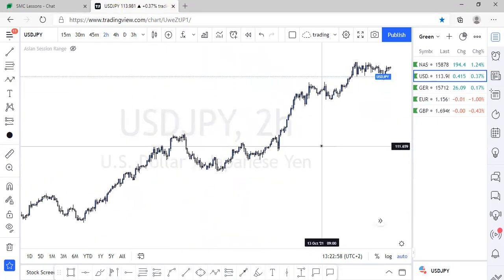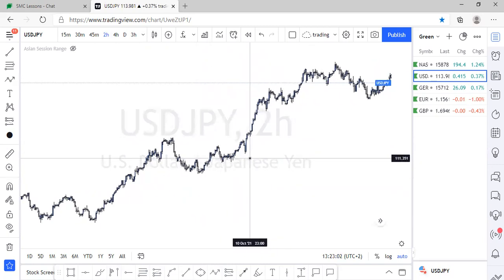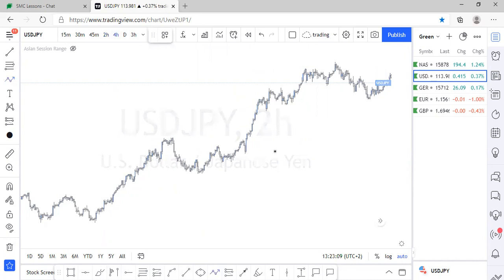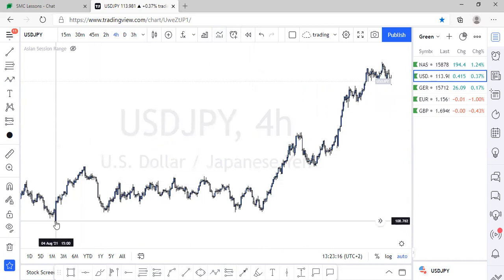Since I was showing you guys a bullish example, here I can say it's a higher low, but let's check on the higher time frame. Let's check here. Yes, this is a higher low because this was the swing low. You get a point.